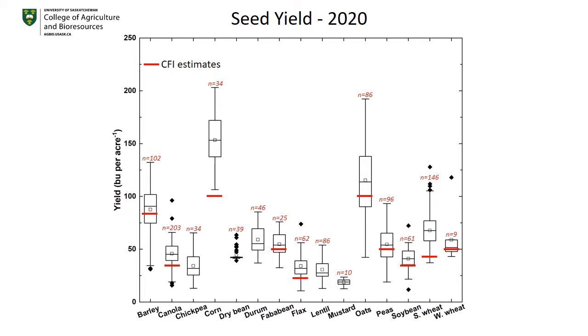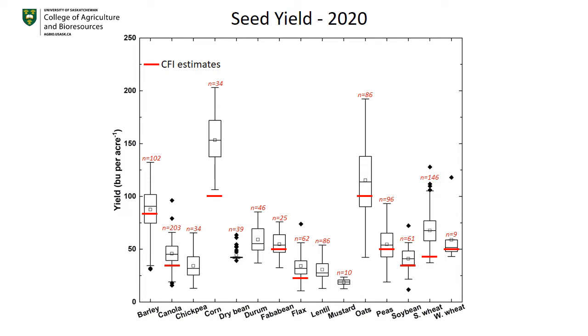The further 25% of the data is in the whiskers, so 25% above and 25% below, to include 100% of the data within those whiskers and box. There are some outliers, and those are the black diamonds. The little box inside the larger box is actually the mean value, so we can look at both the median and the mean.